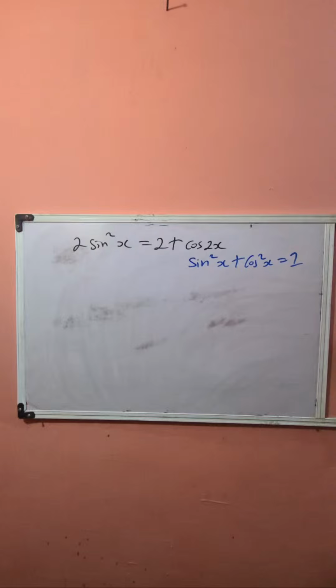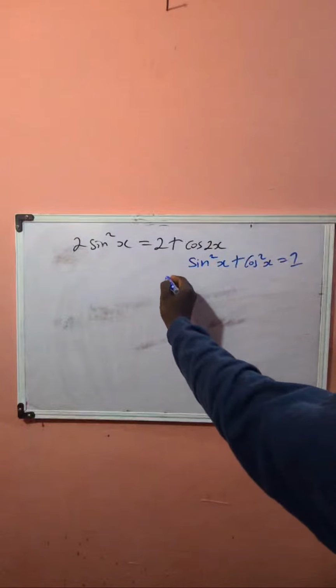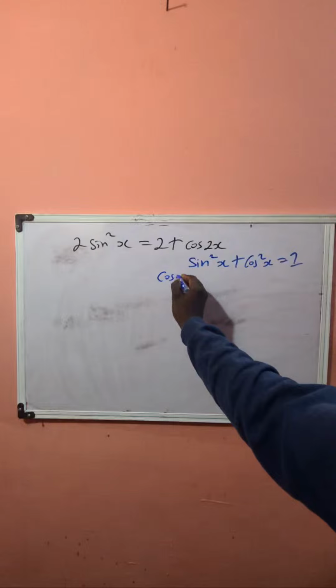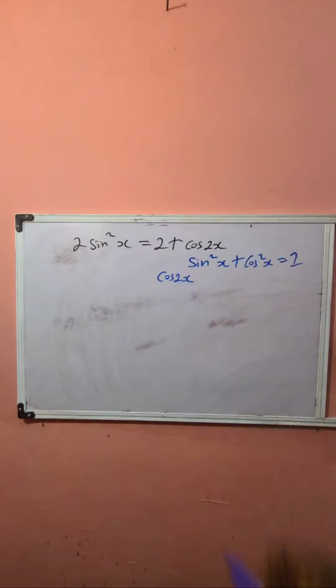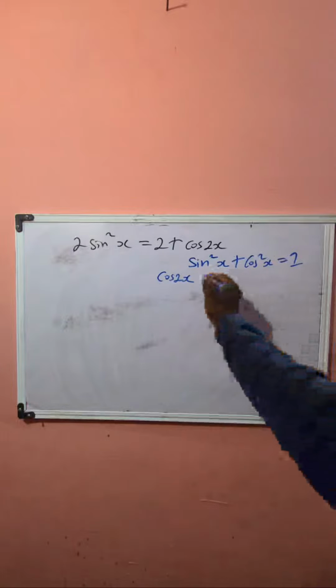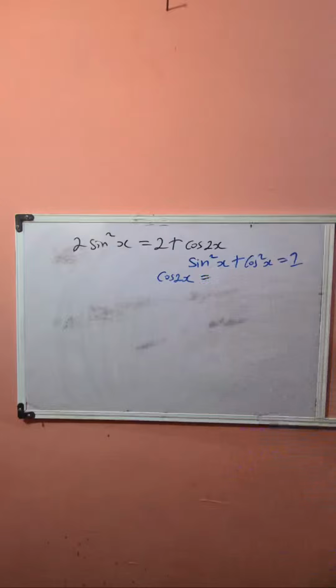This is one of the things your basic identity said. Now, there's another identity for the double angle that said if you have the cos of the double angle, you are going to have this.